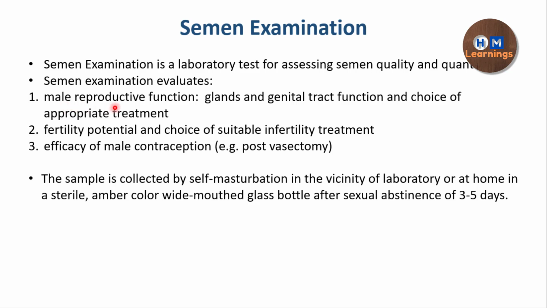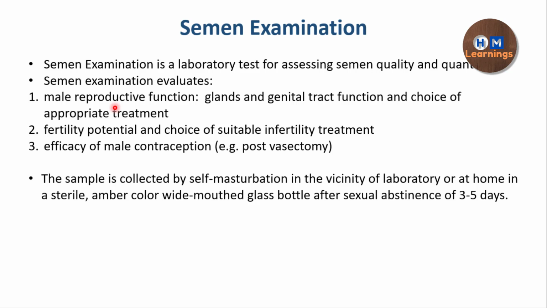The first thing is that it can be used to evaluate the male reproductive function. As I said in the beginning, semen is the output of the male reproductive system, so it can be used to assess the health of the male reproductive system. If there is any abnormality in the semen, that can be related with the specific gland.